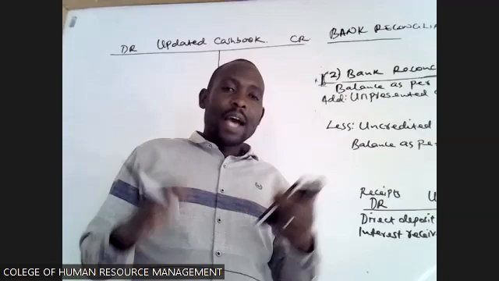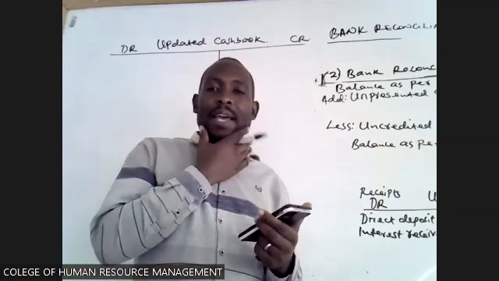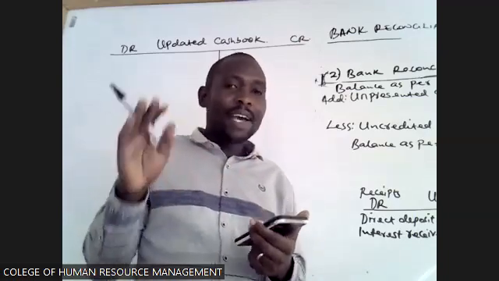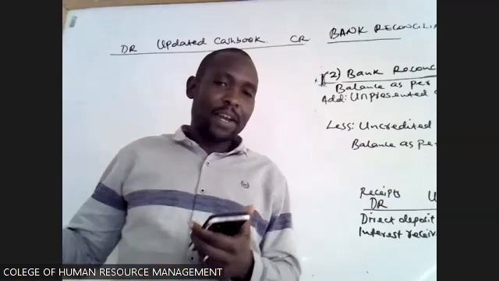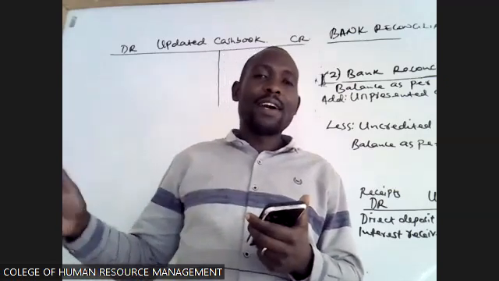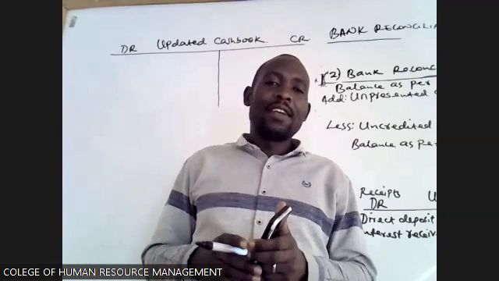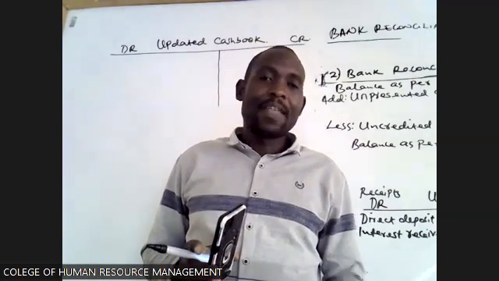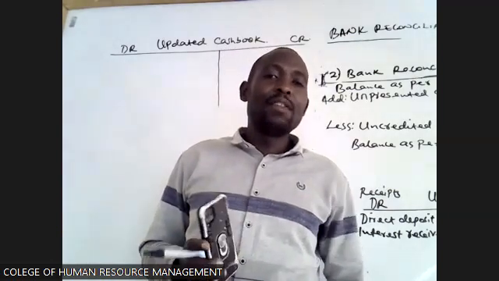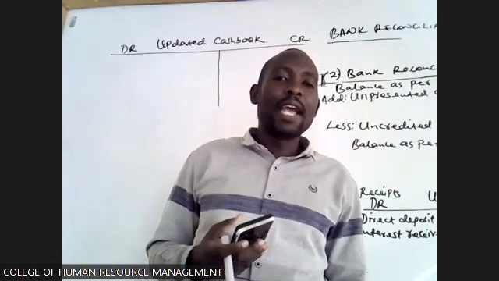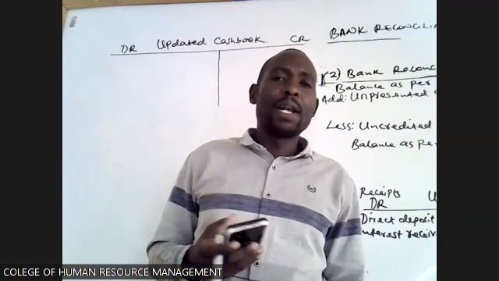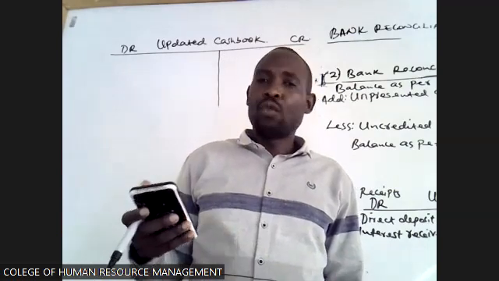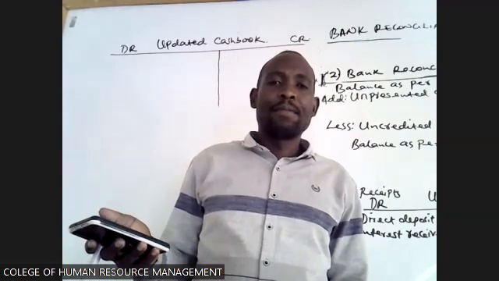Another thing that you need to remember here is this: when the balance carried down is on the credit, my friends, that is not a credit balance, that is a debit balance. In simple terms, the debit had more. The carried down is normally inserted there to make the two sides balance.